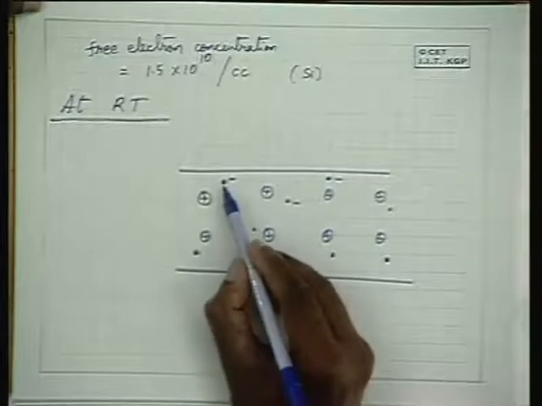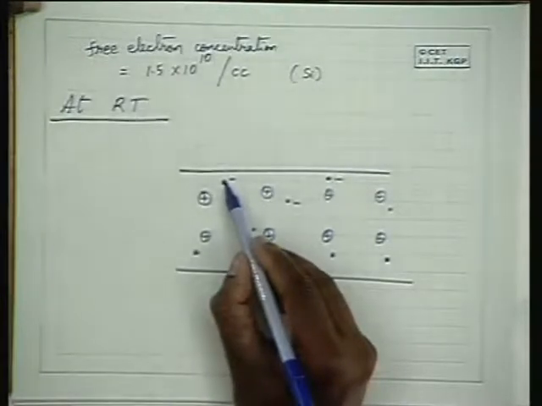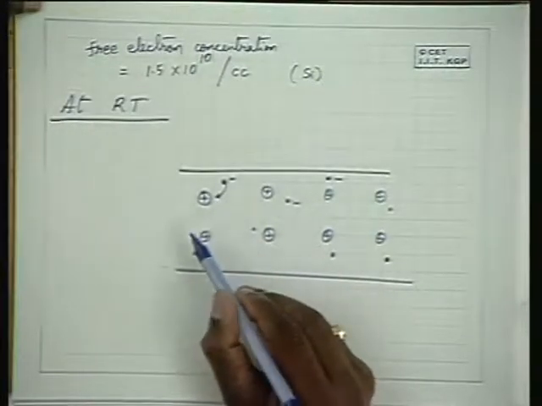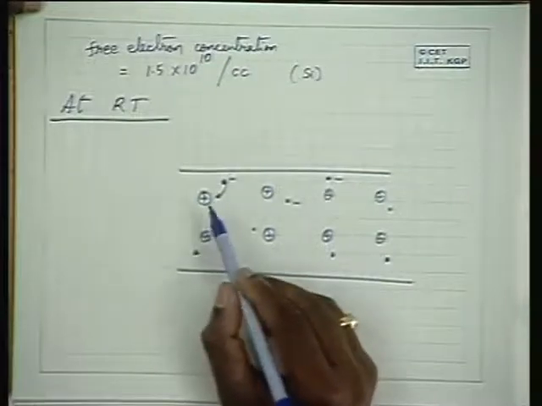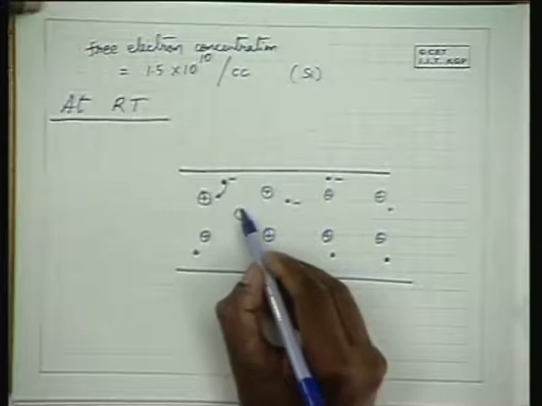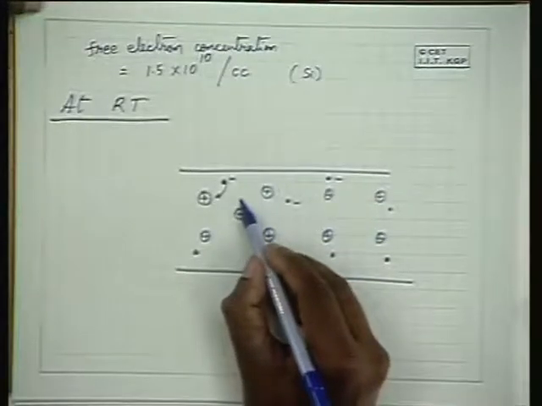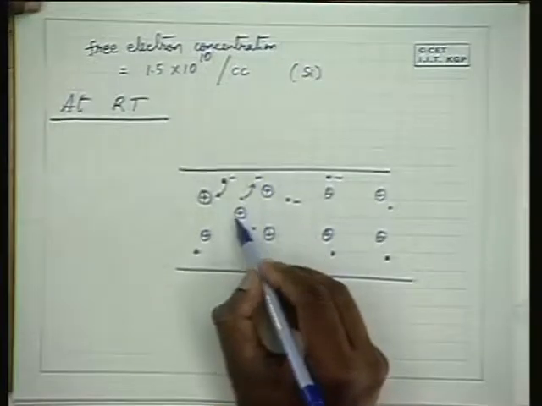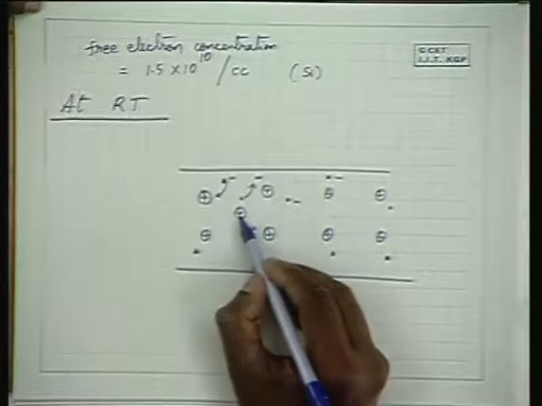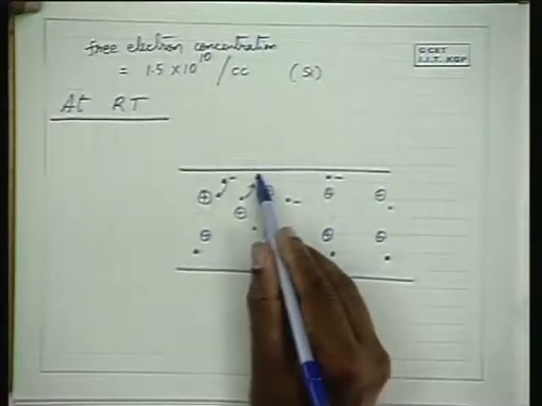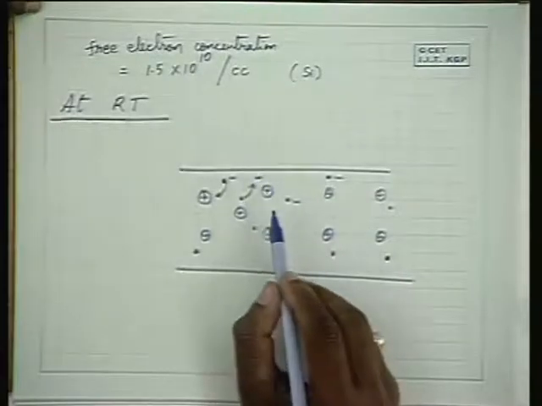And sometimes an electron may lose some energy and jump into the covalent bond, making that atom neutral. And there may be some other atom from which an electron may get dislodged, and it may act like a positive ion, with an electron dislodged out contributing a negative charge.